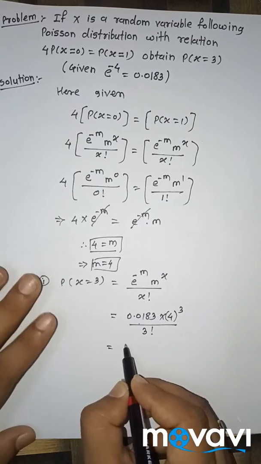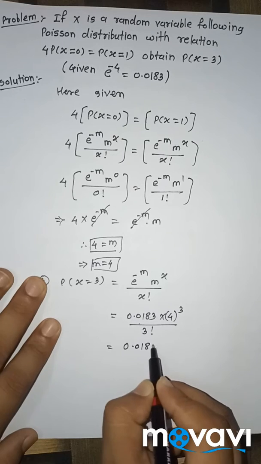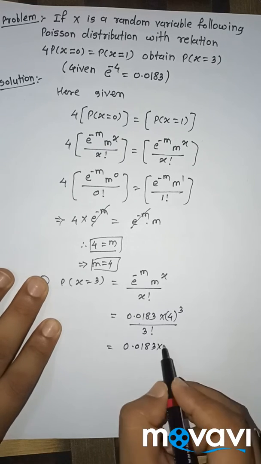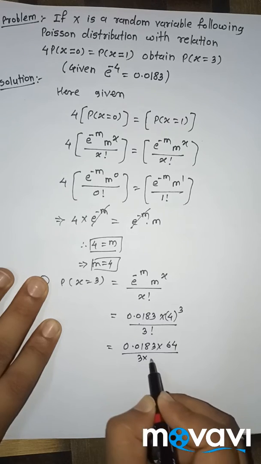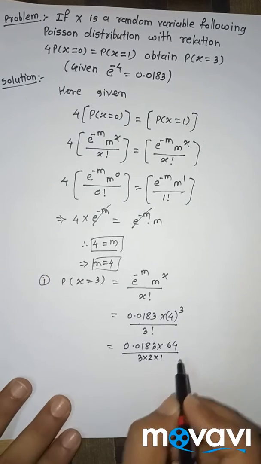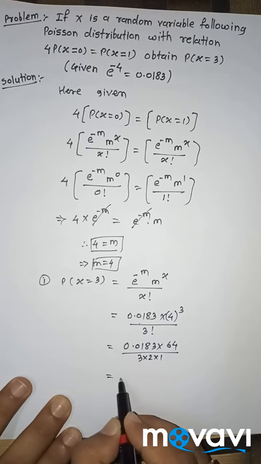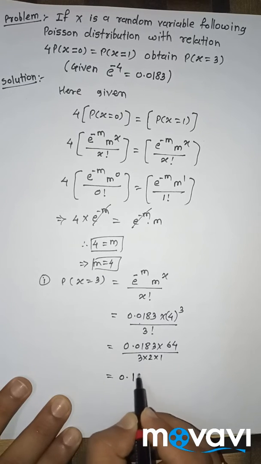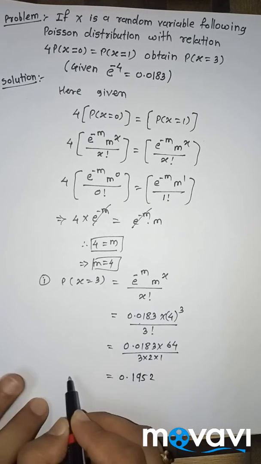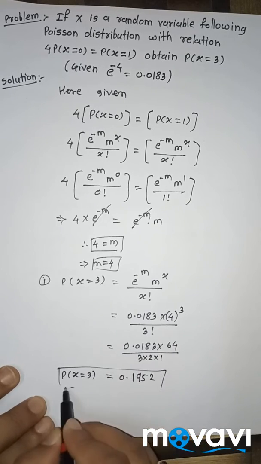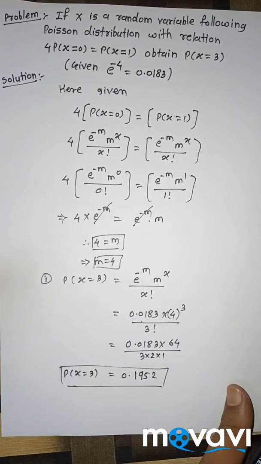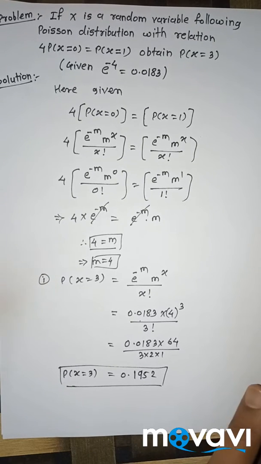This is equal to 0.0183 into 4 raised to 3, 4 raised to 3 is 64, upon 3 factorial, means 3 into 2 into 1. And if we calculate this, we get 0.1952. Therefore, probability of X equal to 3 is 0.1952.